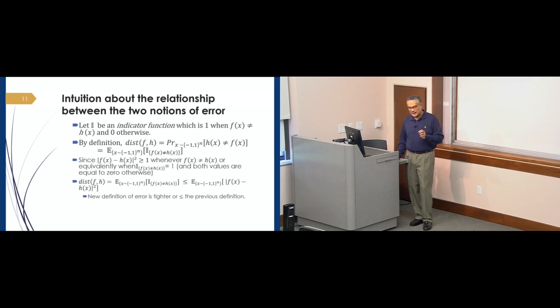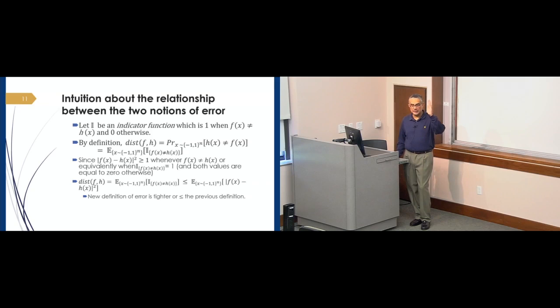So to understand that, we will introduce a small concept. It's a very simple concept, and this is standard to mathematical reasoning in many ways. There are these functions which are called indicator functions. These indicator functions are useful to know about in general, and we'll use them in an almost trivial way, written I, which take on a value 1 when something you want happens, and a value 0 if something you don't want happens. So we are going to define this indicator function to flag for us whenever f(x) is not equal to h(x).